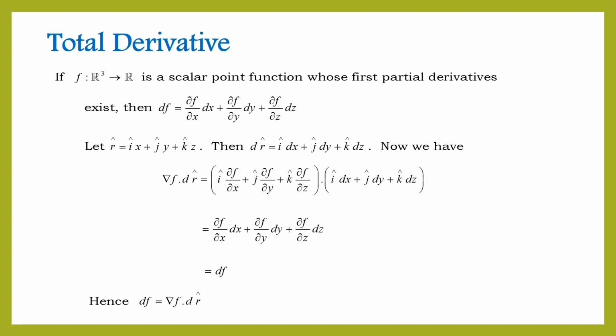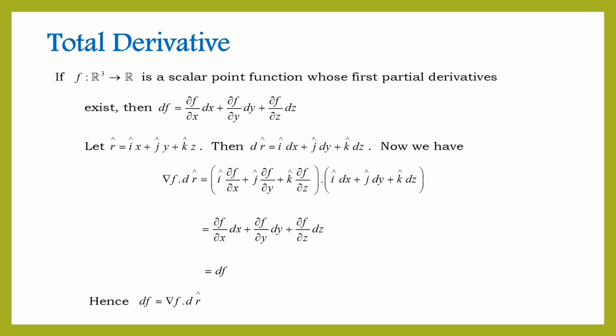Now, if I find dr cap, we get i cap dx plus j cap dy plus k cap dz. This denotes the tangent at that point xyz. So, dr cap is a tangent vector at that point xyz.